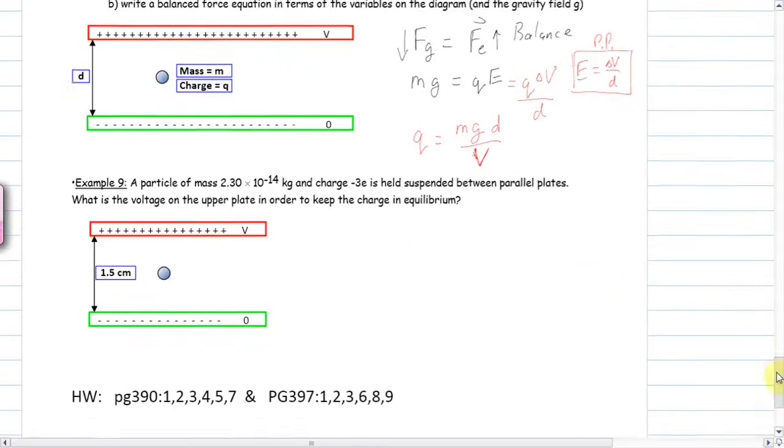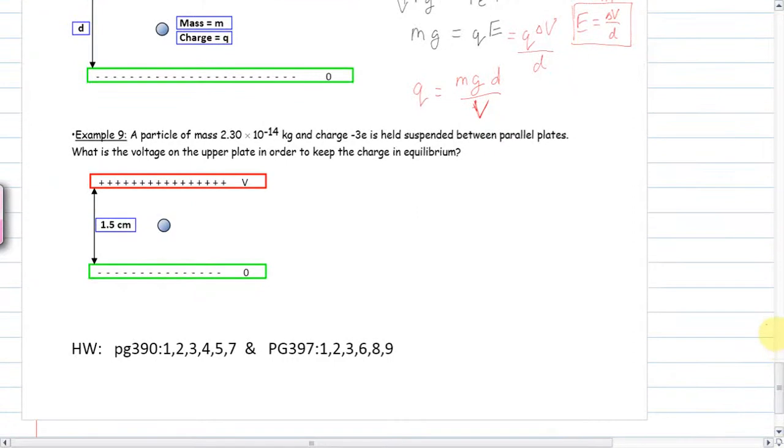Let's look at example number 9, and then there's the homework there. A particle of really small mass, 10 to the negative 14 kilograms, and charged with 3 electrons, is suspended between parallel plates. What is the voltage in the upper plate to keep it suspended? Again, start from the basics. Don't start with this formula that we ended up with.